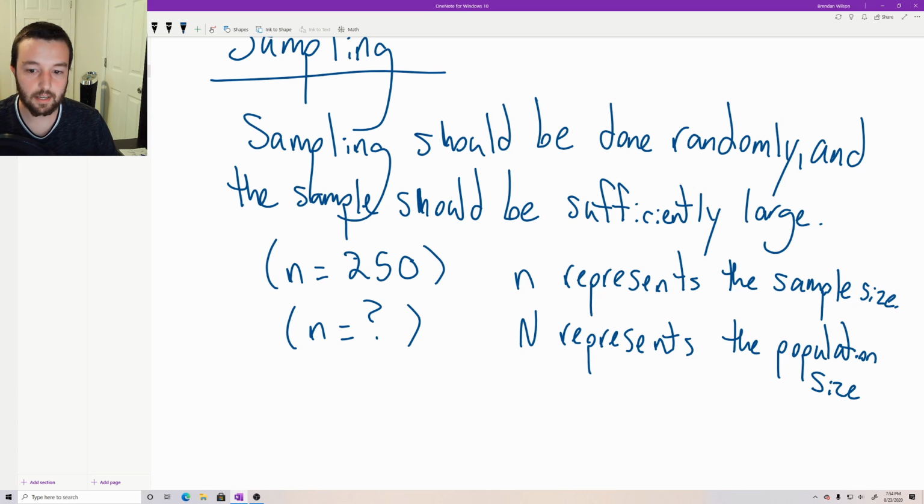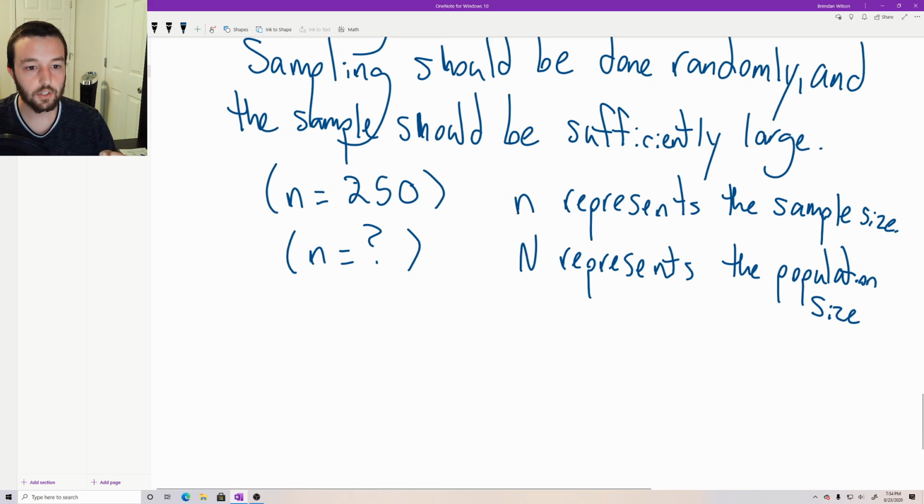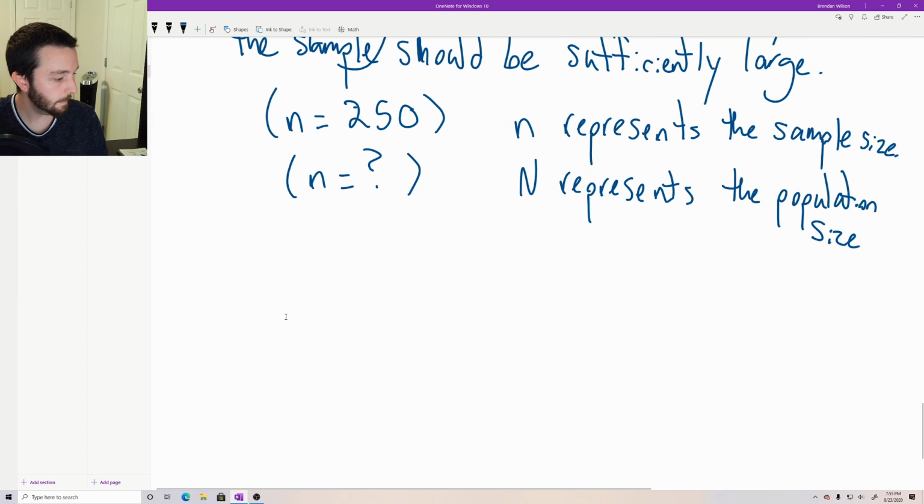So the population size often probably isn't possible to know exactly, whereas the sample size, you know what it is because that's what you're studying. So in general, we would like little n to be as close to big N as we possibly can get it, but we probably can't always get it too close.